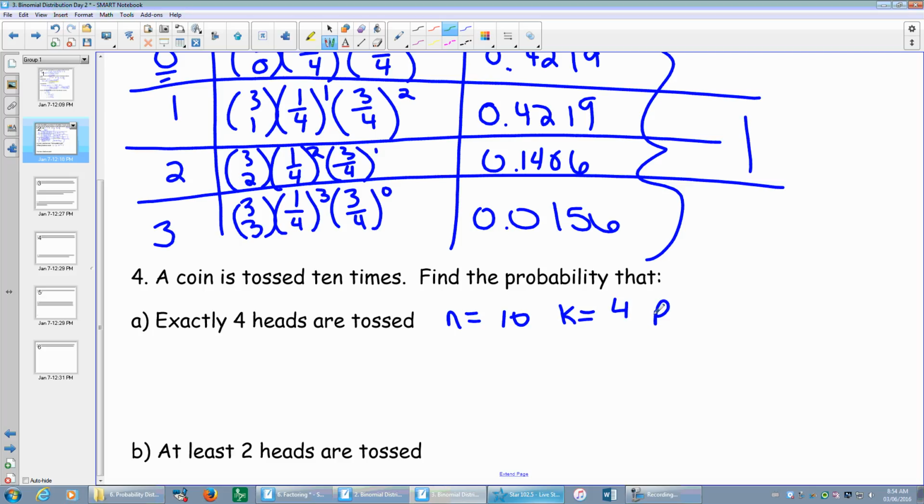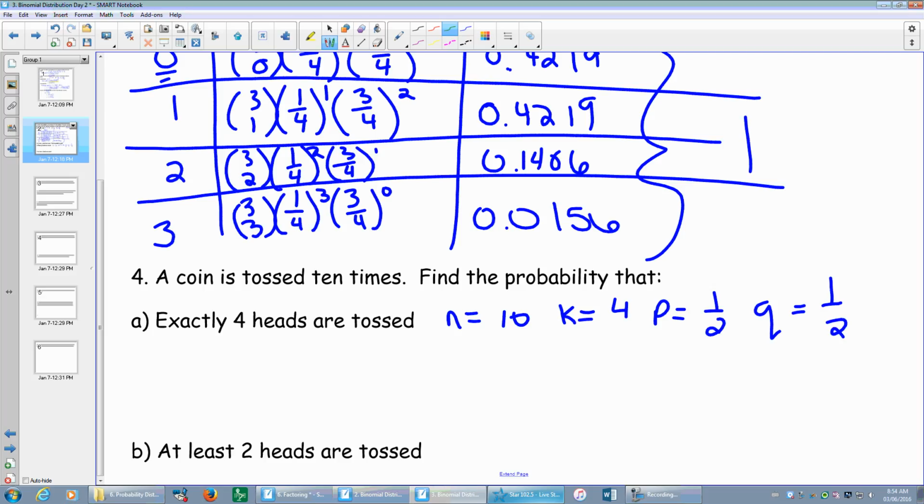What is the probability of success, my p value? When I'm flipping a coin, what's the probability of me getting a head? Good. And the probability of failure, which is my q, is 1/2.